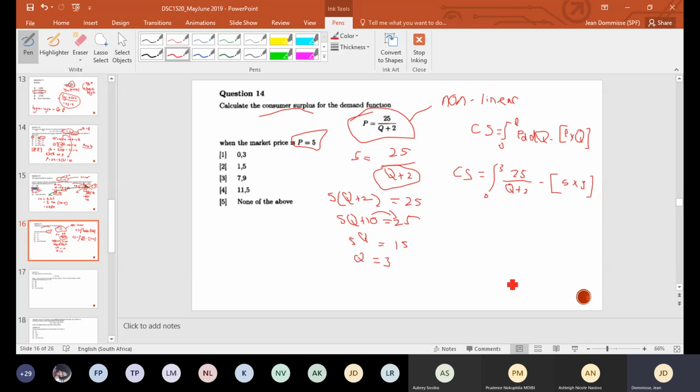Yes, I would also say use calculator. If you don't have a calculator, what would you do? Yeah, I know. The smart calculators actually do it quite awesomely.